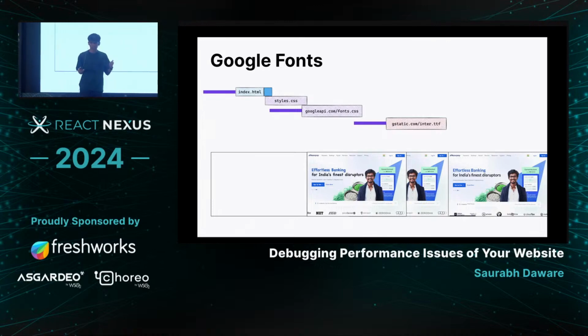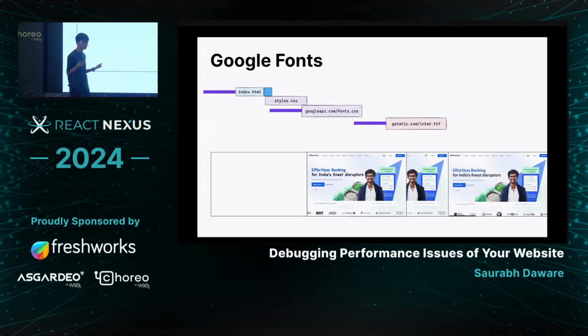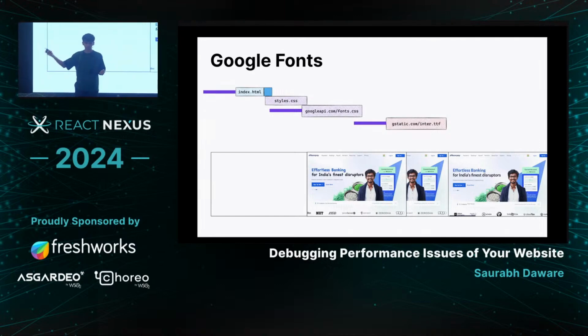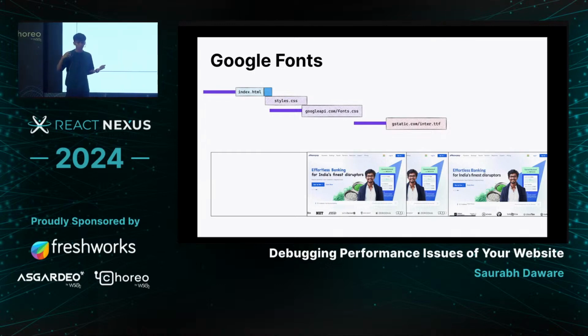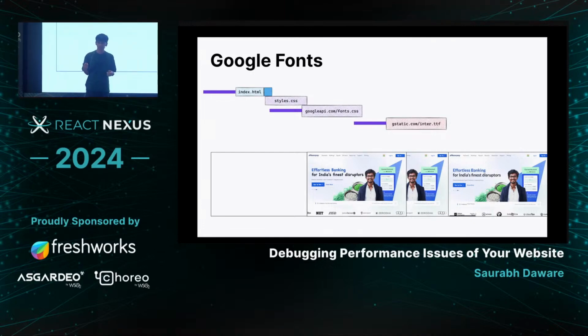We talked about JavaScript. We talked about images. Let's talk about fonts. With fonts, let's say you're loading with Google Fonts or any third-party font library. What will happen is in your HTML, you're probably putting this link rel stylesheet to Google's fonts.css. So it will load Google's font.css first, and then it'll load the actual font. Here you're seeing this purple line, which we talked about, how it's a DNS lookup or connecting to domain part.